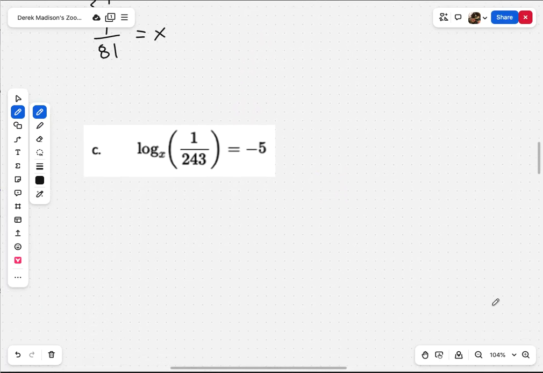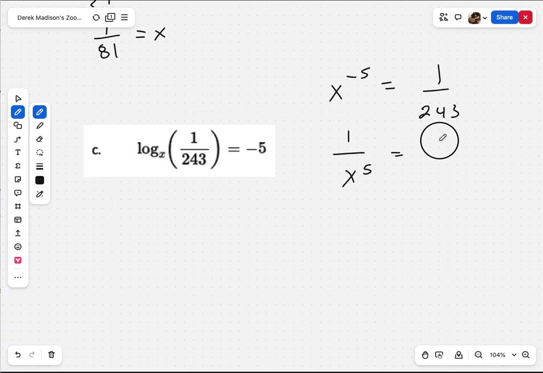Okay, so x raised to the negative 5 would equal the argument. Let's rewrite that as a positive exponent, so 1 over x to the 5th, because remember we have a negative exponent in the numerator, we take it downstairs, and the denominator becomes positive, equals 1 over 243.